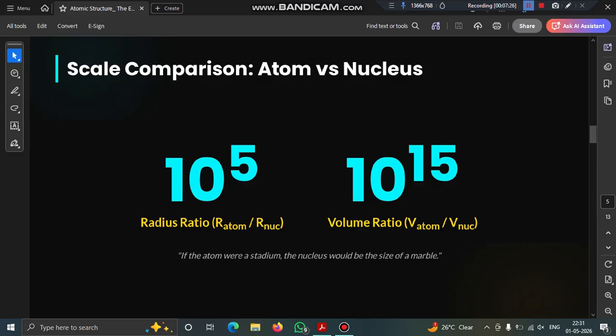So this is the Thomson model of an atom, which was proposed by J.J. Thomson in 1898, and there was much speculation about this model.